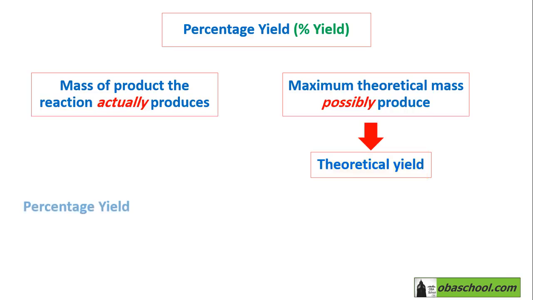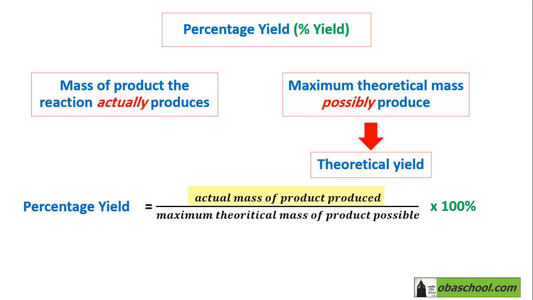Here is the formula that we can use to calculate the percentage yield. Percentage yield is equal to the actual mass of product produced, which means the one we actually got in the reaction after performing it, divided by the maximum theoretical mass of product possible, which is the one we calculated and assumed to get, times 100.